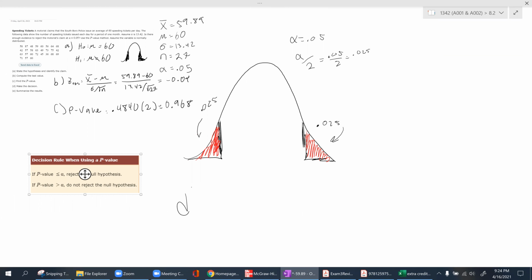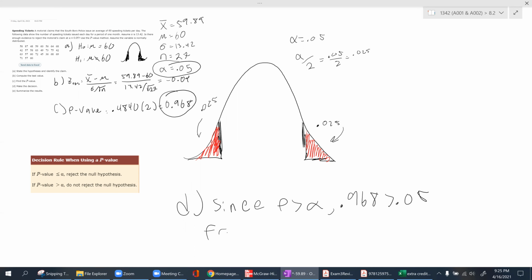So make the decision: compare your p-value and your alpha. What do you notice? The p-value is greater than alpha, specifically 0.968 is greater than 0.05. You're going to fail to reject the null hypothesis.